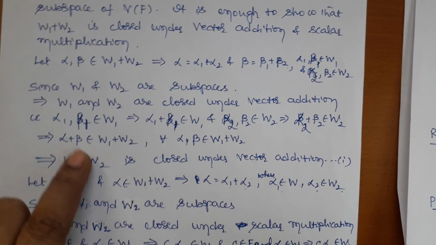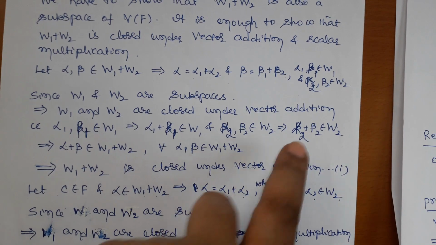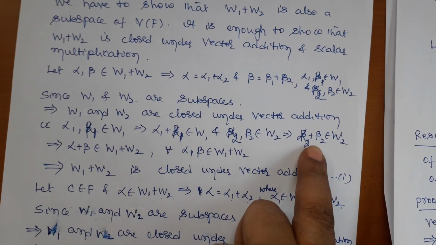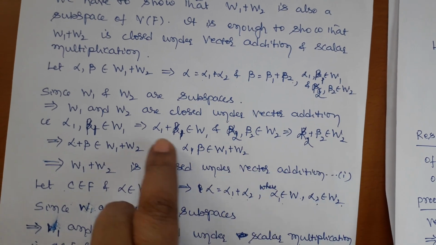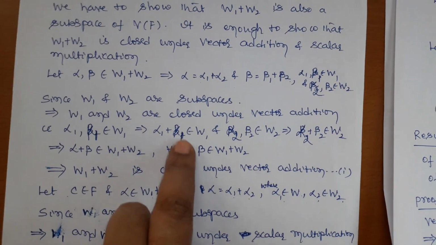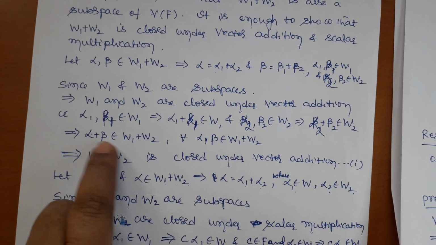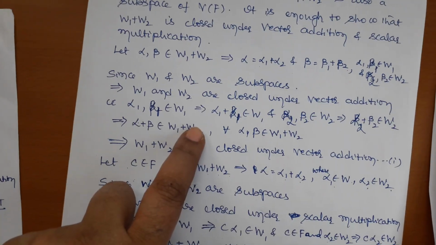Take that sum: group alpha 1 plus alpha 2 together and beta 1 plus beta 2 together. Alpha 1 plus alpha 2 is alpha, and beta 1 plus beta 2 is beta. Therefore, alpha plus beta belongs to W1 plus W2. Please try to understand; I am going to repeat this part once again.